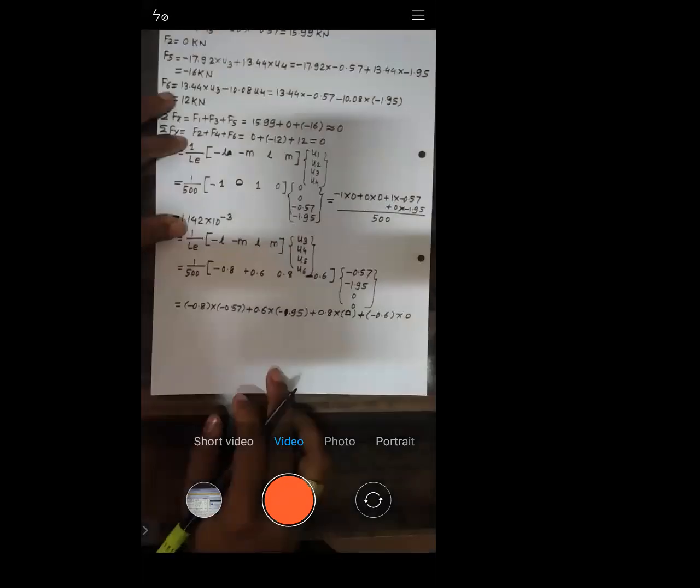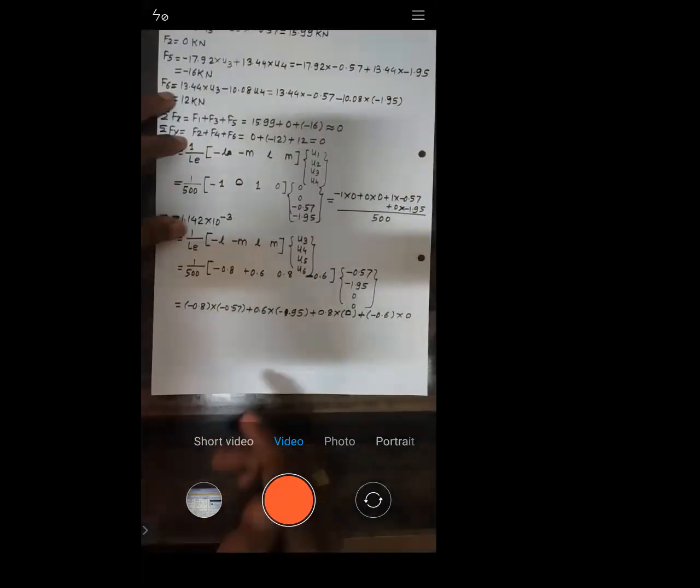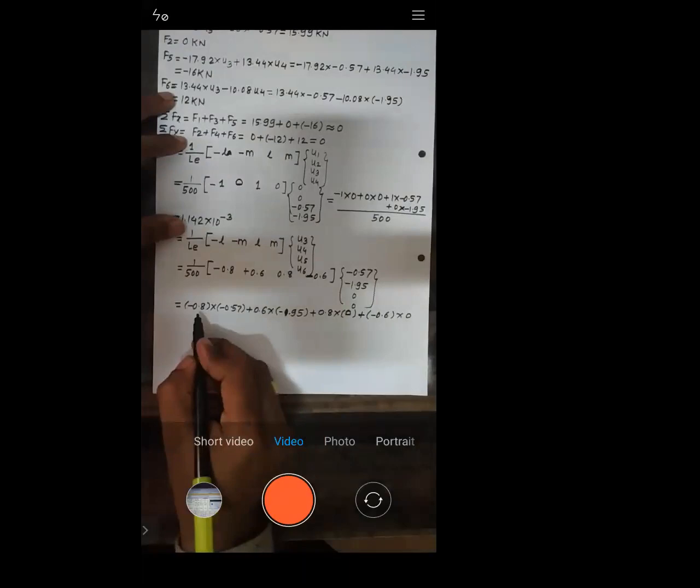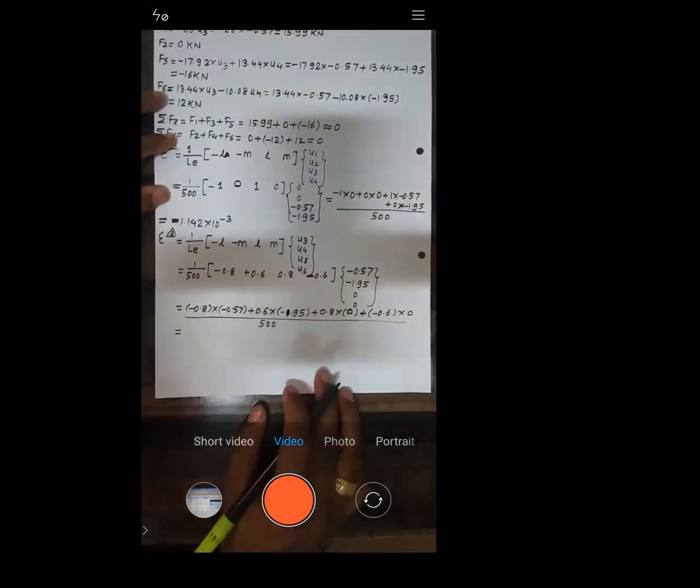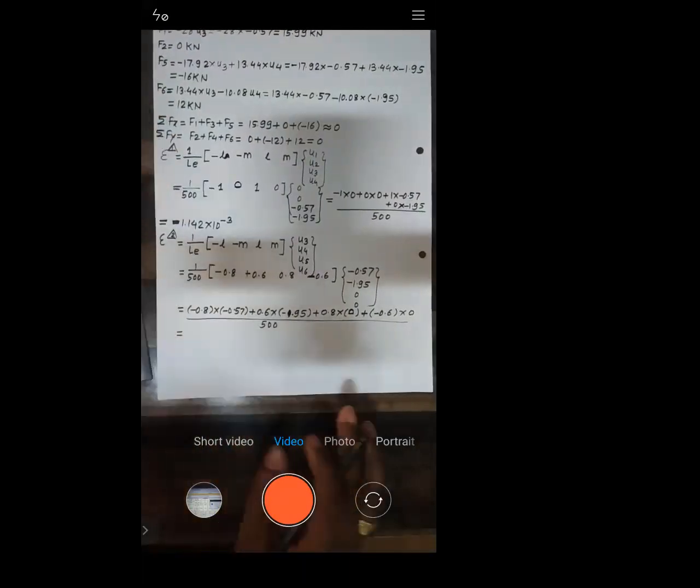Upon, what is it? It's 500. 1.5. Can you calculate that? Just tell me the value. Minus 1.4288 into 10 raised to minus 3.